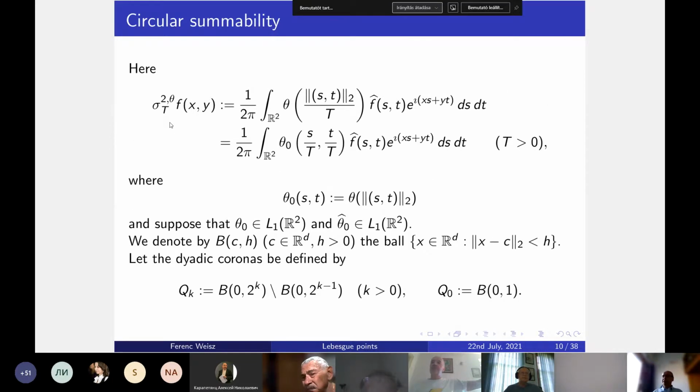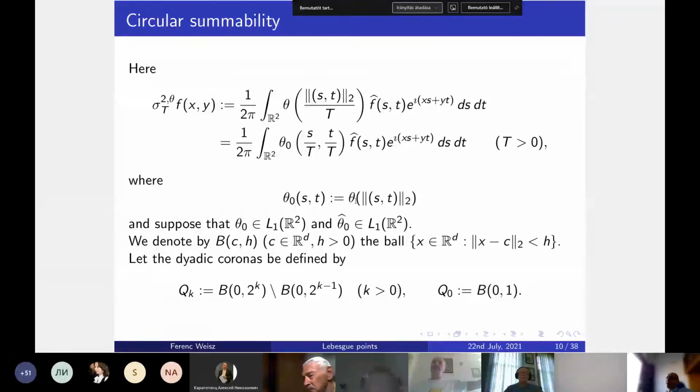Let us see the first case, the circular summability. Here q is equal to 2, and we take here the 2 norm of the vector of s and t. I introduce another function, theta 0 of st, so theta 0 is a two-dimensional function.